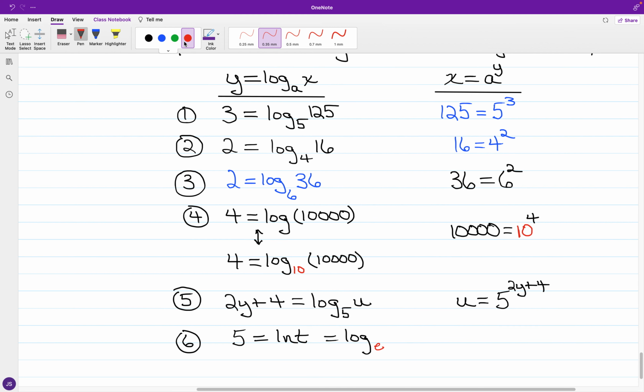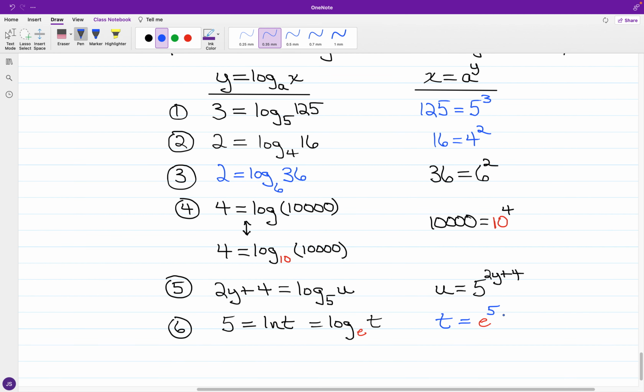So we say that 5 is equal to the base e logarithm of t. Taking what we have here, x is t. And for a, that is going to be the natural logarithm exponential base e. And y is going to be the number 5. So we have that t is equal to e to the 5th.